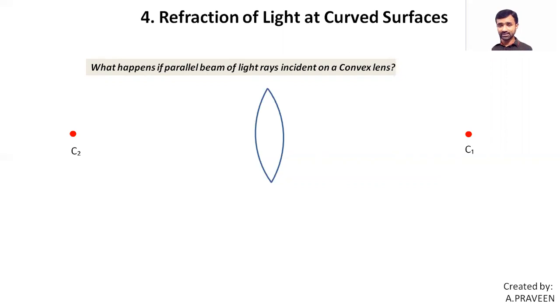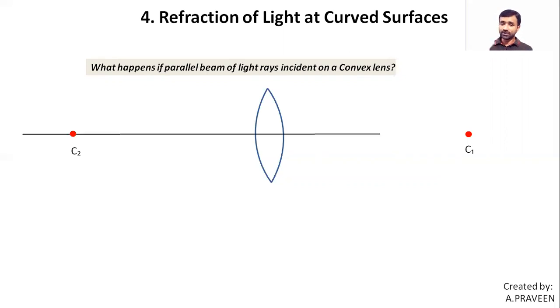Then identify its pole after joining the centers. The two centers are joined by a line, the principal axis or optical axis. Then a point located in the middle of the lens on the principal axis we call the pole or optic center. Now the question is, what happens if a parallel beam of light rays is incident on a convex lens?